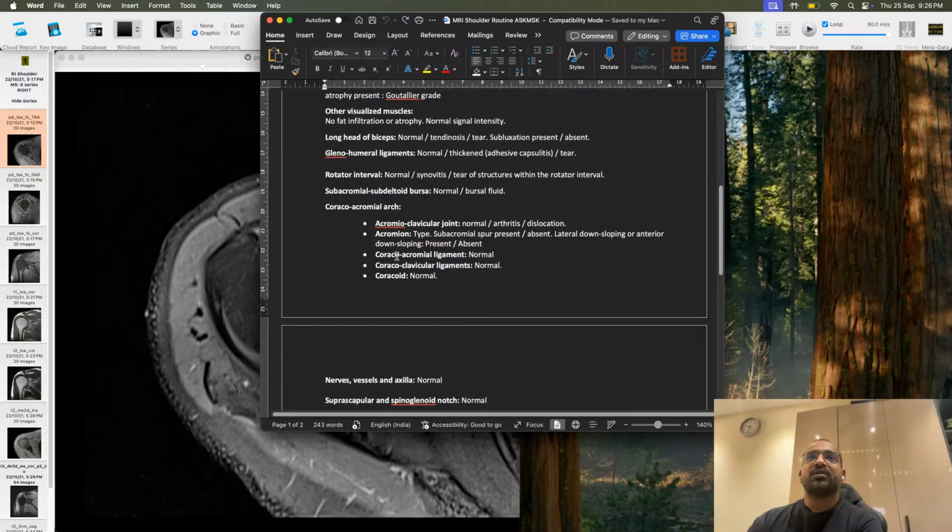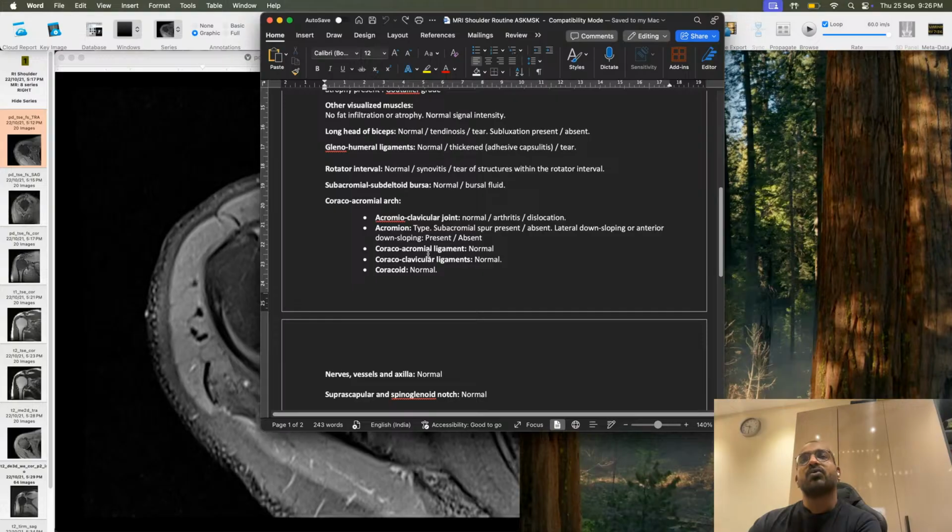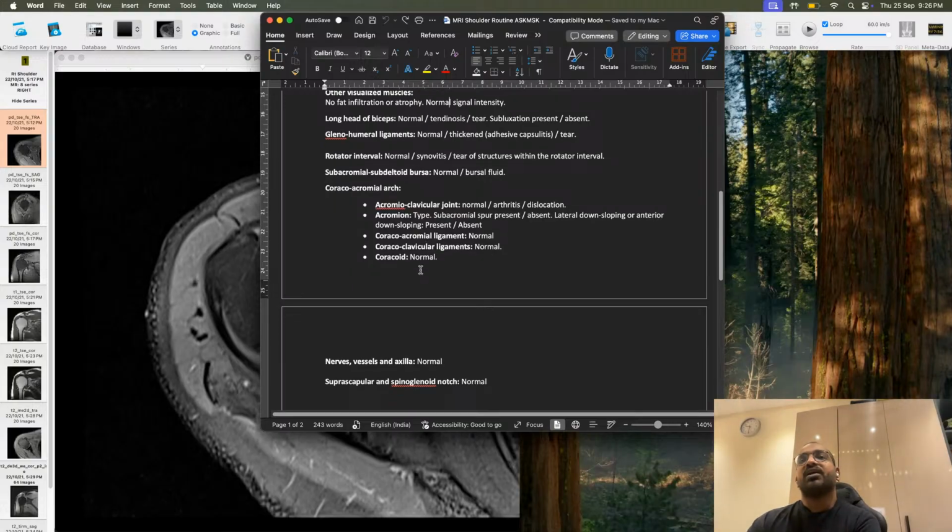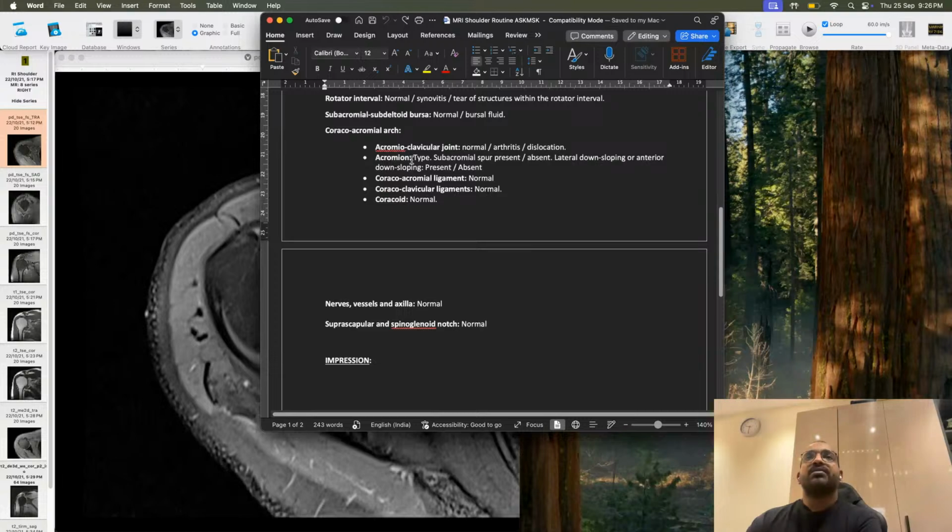So then what we have: coracoacromial ligaments, coracoclavicular ligaments, coracoid. If there is some pathology, we need to mention it, otherwise we can leave it. Most of the times, we need to mention the coracoclavicular and coracoacromial ligaments in trauma, like with AC joint subluxation or AC joint dislocation.